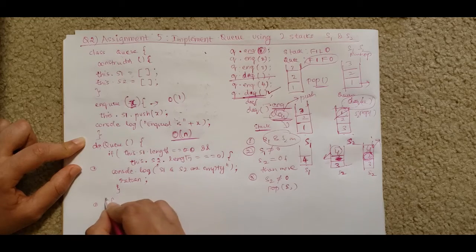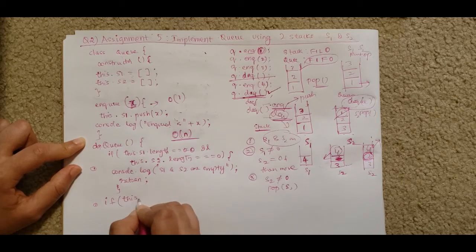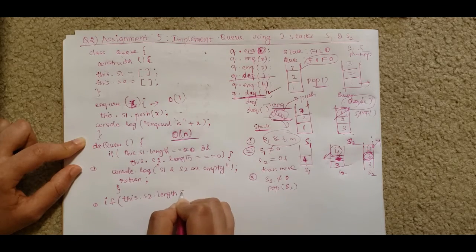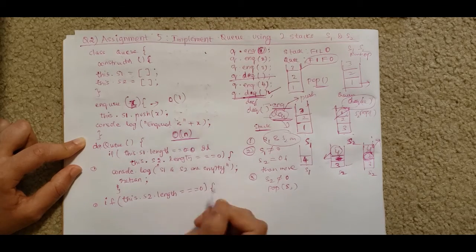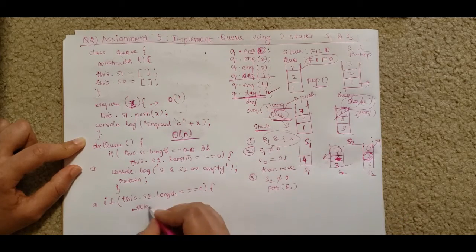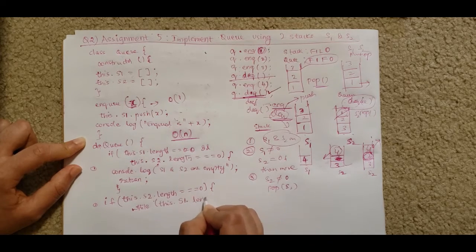Now, if this dot s2 dot length is 0, we have to loop and move all of this, right? So while this dot s1 dot length is not equal to 0.